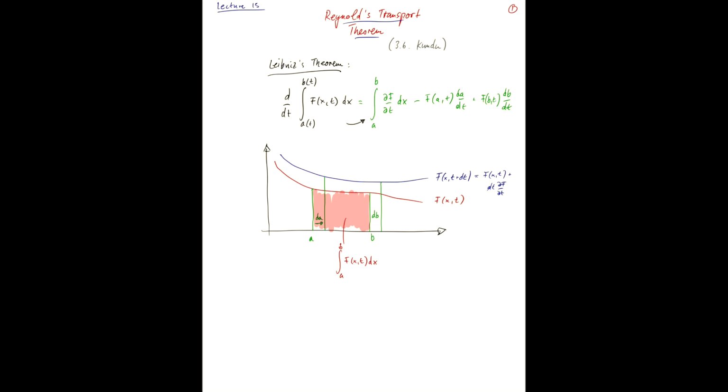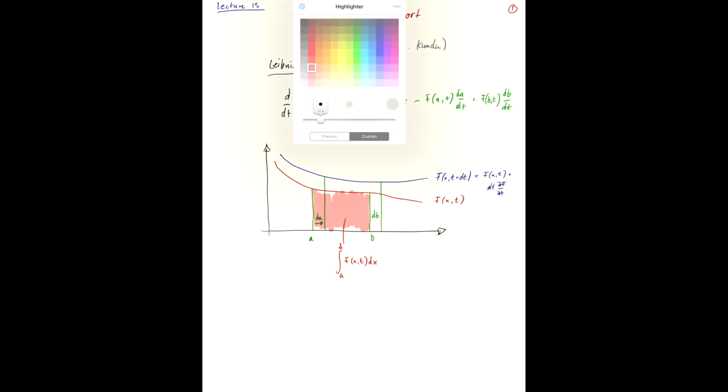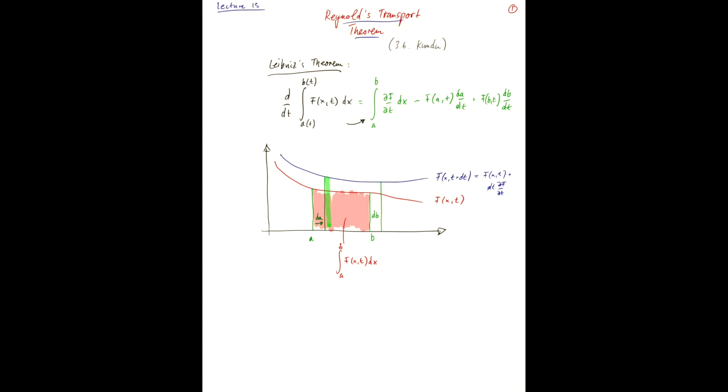And then this green integral here would be the integral from a plus dA to b plus dB of f of x and t plus dt dx.